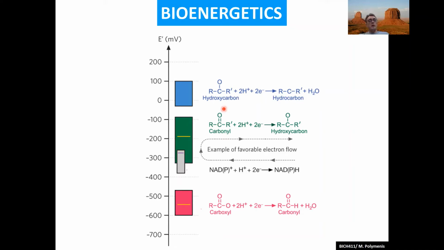So as long as you can couple something as a reduction, let's say you pick the green one, if you want to move it like this as a reduction, you have to couple it with something that's below it, so it's more negative, the E value. Then it will be favorable for the reasons that we described. If it's more negative, then you have the minus sign in the subtraction there, so it ends up being positive, so the overall thing becomes positive.